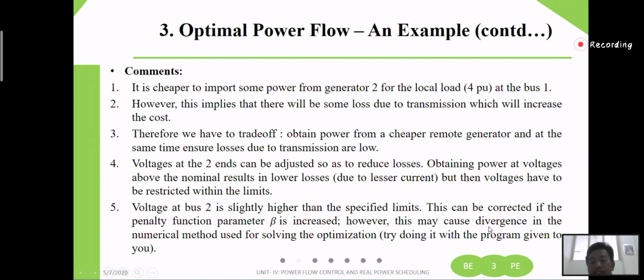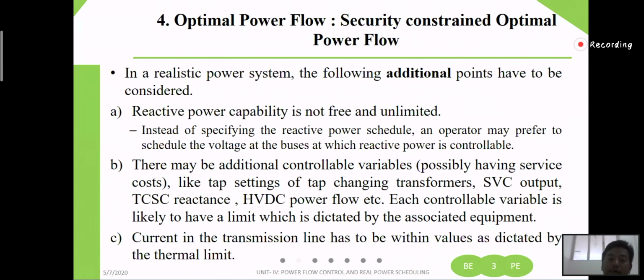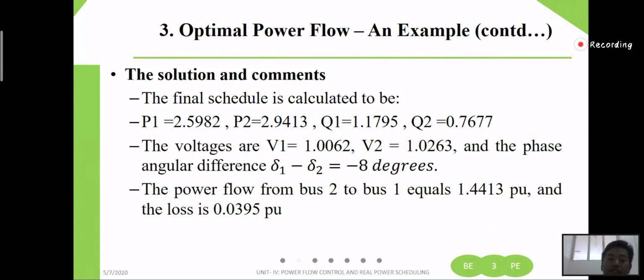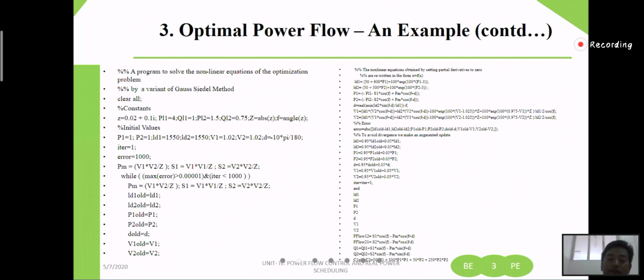However, when you change it, this may cause divergence in the numerical method used for solving the optimization. Okay, so there is a problem, but when you get near to it, we normally stop our solution. Okay, so this is the comment on optimal power flow, an example of optimal power flow. Okay, so this is about the optimal power flow.